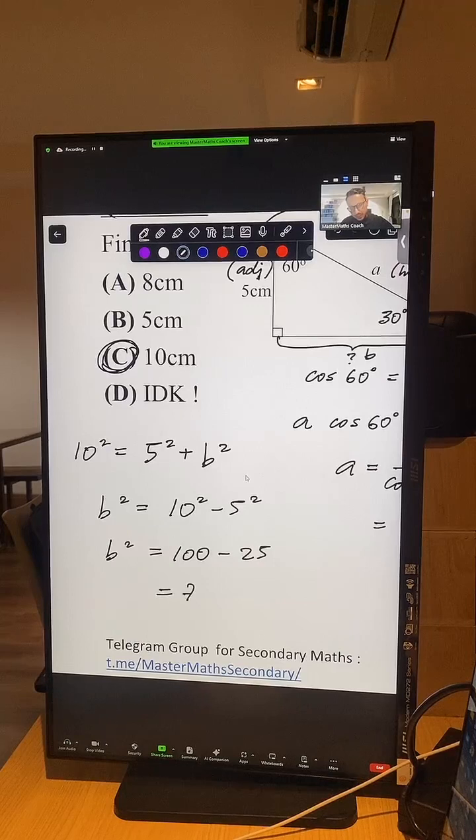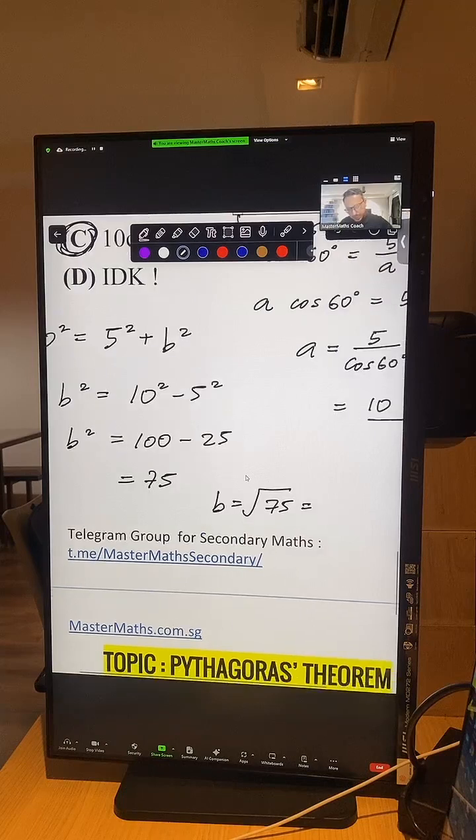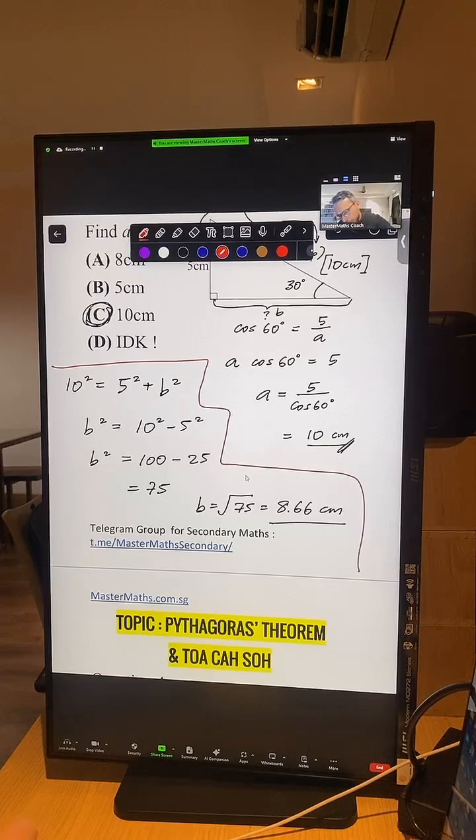This will be 75. So B is going to be square root 75, and square root 75 gives me 8.66 cm. So this is using Pythagoras Theorem. Let me just highlight it for you.